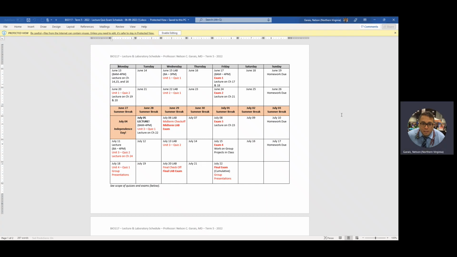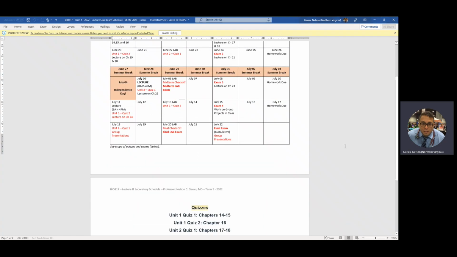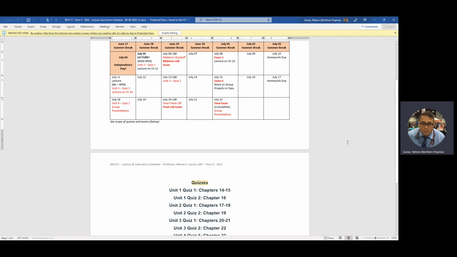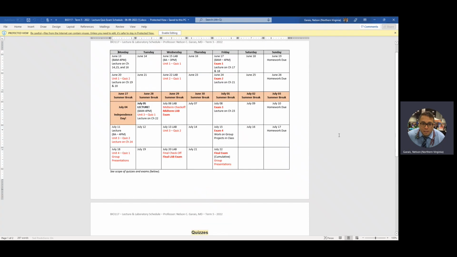And then our exams here are cumulative. If you look at the bottom part of this document, this is the scope of your exams. Your final exam is 14 through 24, which is everything. And then we typically have a grand review, either the 20th or the 21st.